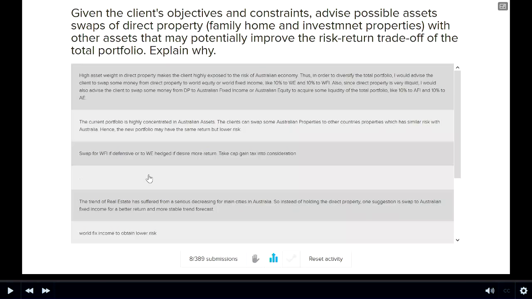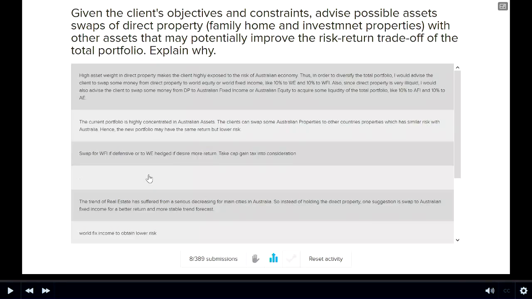From my memory, it's like swap into world equity for growth or world fixed income if defensive. That's one of the top responses from last week. So I commented on that response: you failed to identify the risk factor you're trying to diversify and lay out the potential benefits of doing this asset swap. So that's why we have the first two responses.